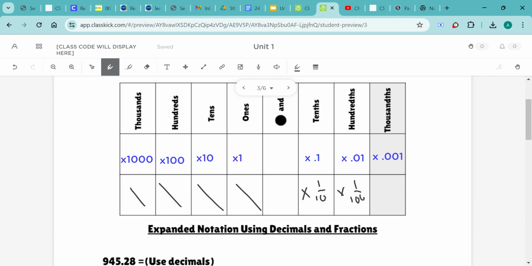And for the thousandths place, I multiply any digit in that place value times 1/1,000. We're going to be using this to help write our numbers in expanded notation.